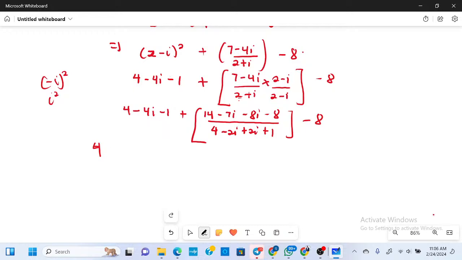So 4 minus 4i minus 1 plus the expression: 14 minus 8 is giving me 6, right? Then negative 7i minus this will give me negative 15i over the expression. This cancels this, over 5, minus 8.